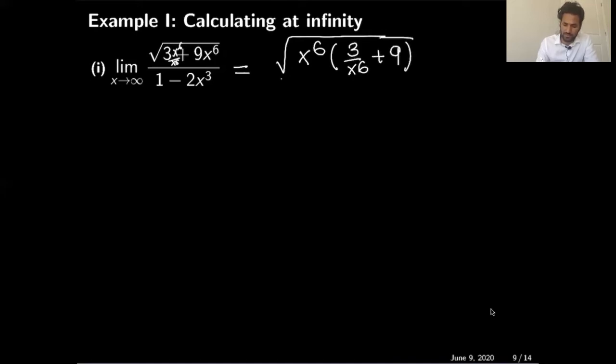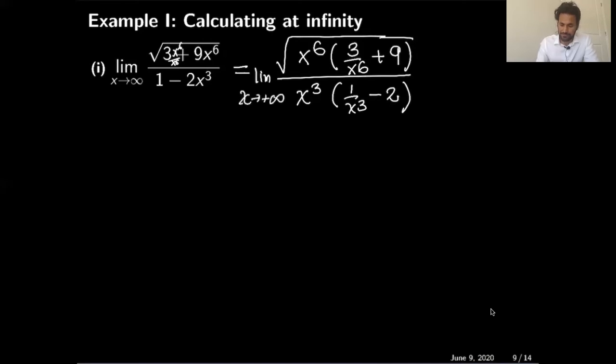And if I pull the highest degree term x cube from the bottom, it will be 1 over x cube minus 2, and this is the limit as x approaches positive infinity.